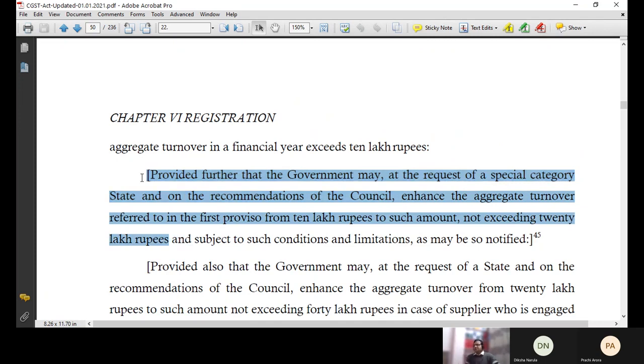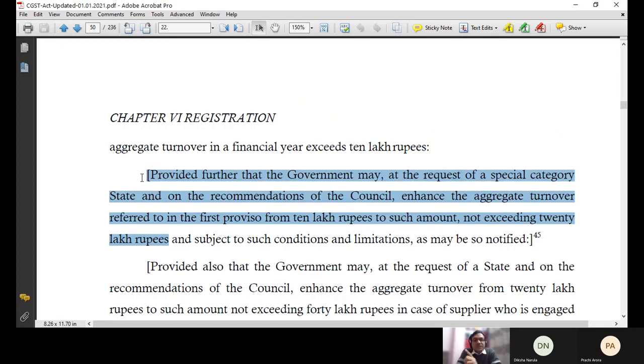Now, for example, Tripura, in the eastern region of our nation, is a special category state. In Tripura, the limit is 10 lakh per year. But for example, the Tripura government thinks that let us exempt the businessmen or the service providers till 15 lakh rupees per annum. They have to make a request.